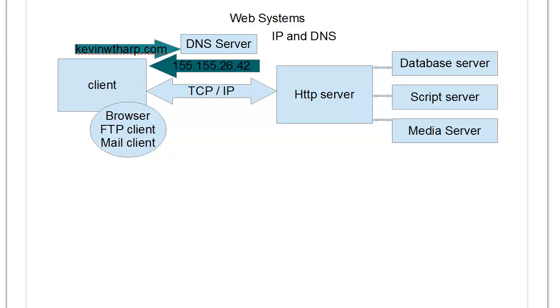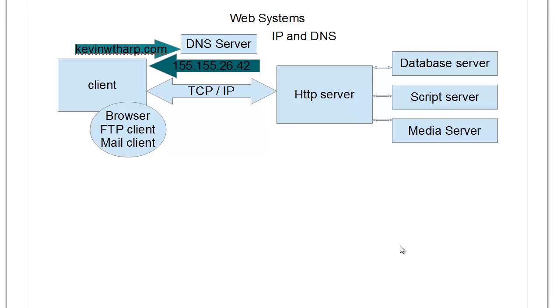And a domain is the parts of the URL that come before the last dot. So I might have kevinwtharp.com, kevinwtharp.net, kevinwtharp.org, etc. All of those would be independent of each other, but what that allows me to do is to have a human recognizable piece of information that can be served back.